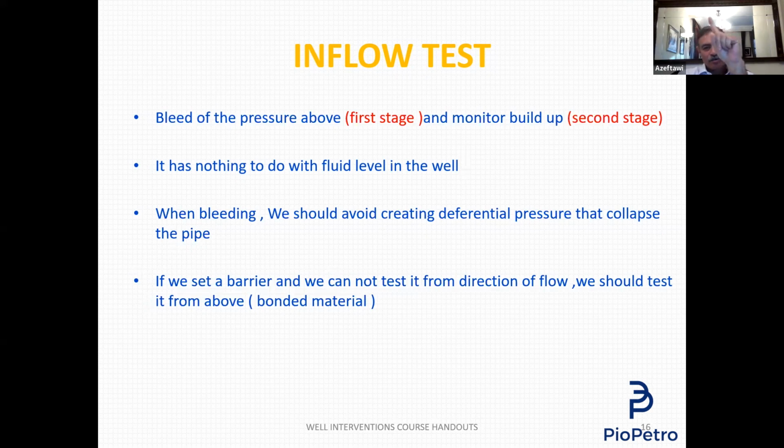If the gauge moves up, the pressure increases, that means this plug is not holding the pressure. This is what we call an inflow test, or in some areas, they call it a negative test or leak-off test. This is the only way to test it. You cannot apply pressure from below it. You have no access. So the only way is to use the well pressure to test it.